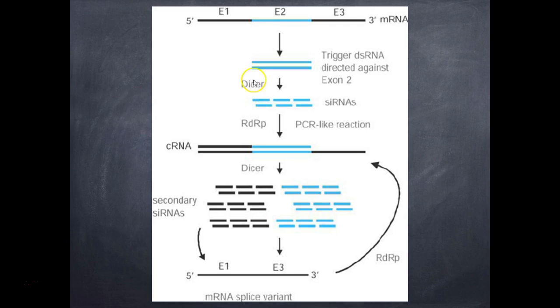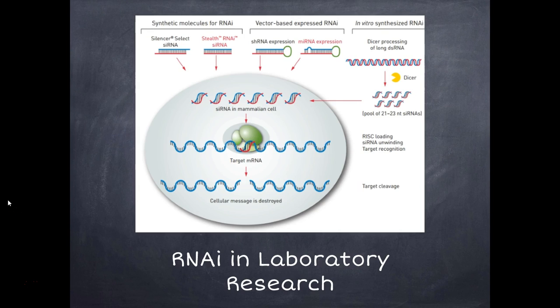So as you can see, the dicer dices up the siRNAs, but what happens instead is that RDRP steals away those sequences of siRNAs from the RISC complexes and copies them over and over again into secondary siRNAs that create more and more, in order to amplify the process of destroying those genes that need to be gene silenced.